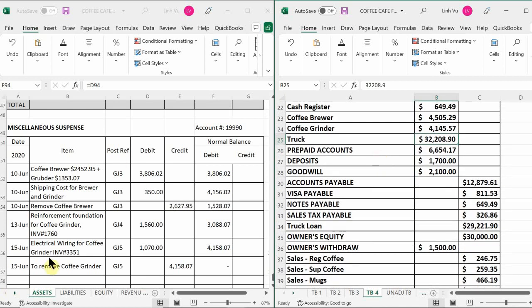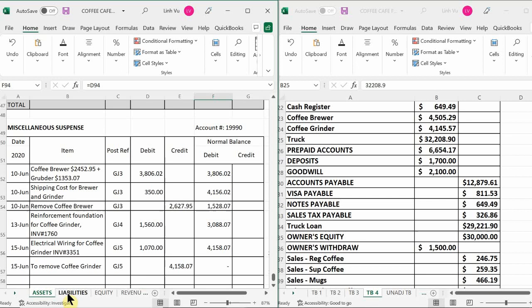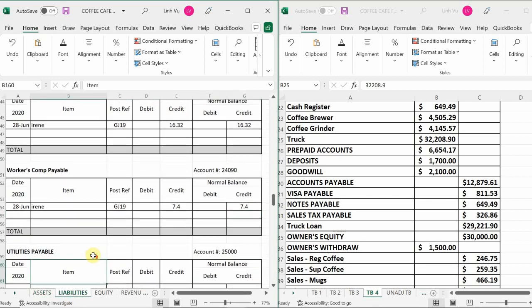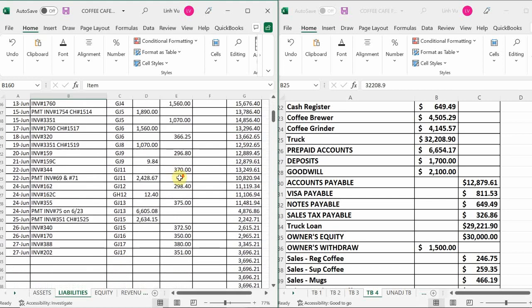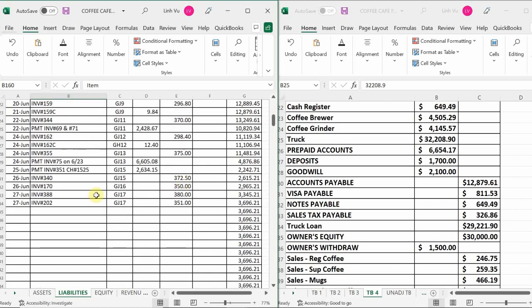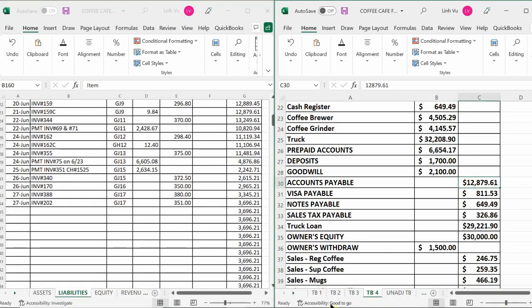Okay, so moving on to my liabilities. So liabilities, right? We actually have quite a lot. So let's see, starting with our accounts payable. How much is currently in my accounts payable account? $36.96.21. Okay.